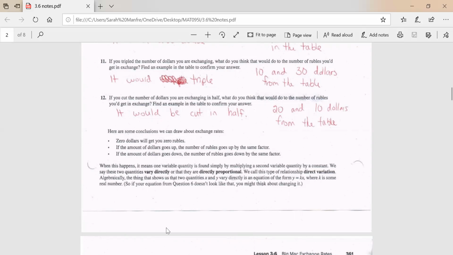And we're going to use the equation y is equal to kx for any direct variation problems. So anytime you have something that varies directly, and if one doubles, then the other one doubles. And if one triples, the other one triples, and so forth, then that's a direct variation. And k is some real number, and that's going to be our constant of variation.